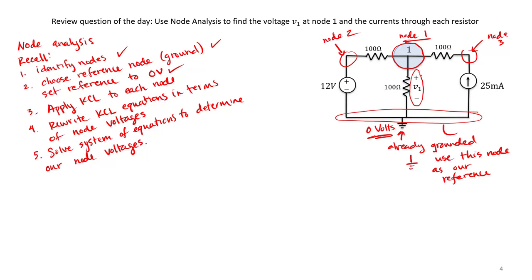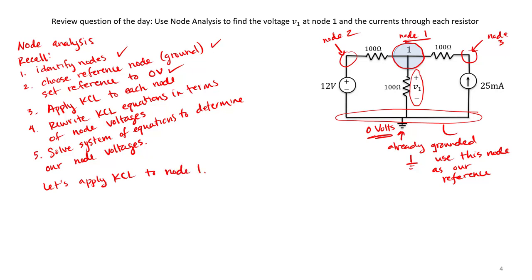If we need, we can write node equations for the second and third node, but we definitely need to solve an equation at node 1. So let's apply Kirchhoff's current law to node 1.